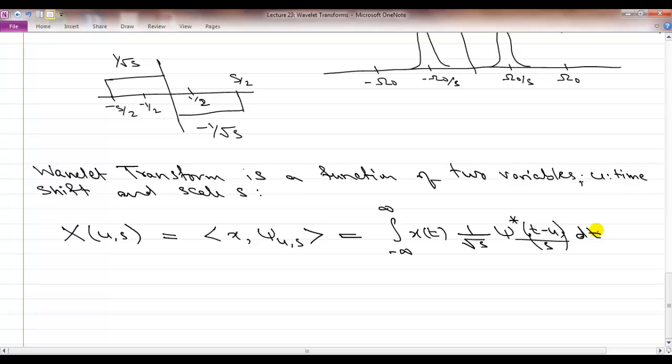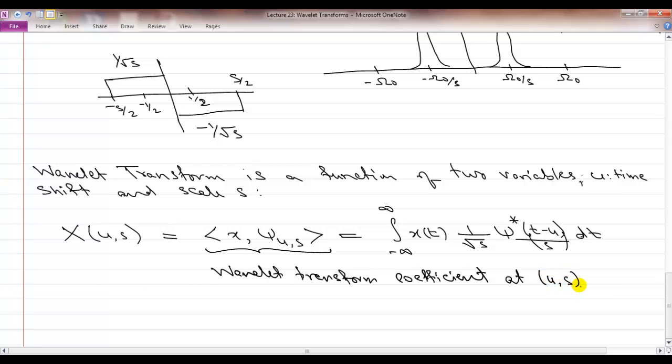If you go to discrete time, it's defined through the summation. But the general principle is always the same. You are simply computing the coefficients. These inner products, X(u,s), are called the wavelet transform coefficients at u comma s, just like the discrete time Fourier transform coefficients.